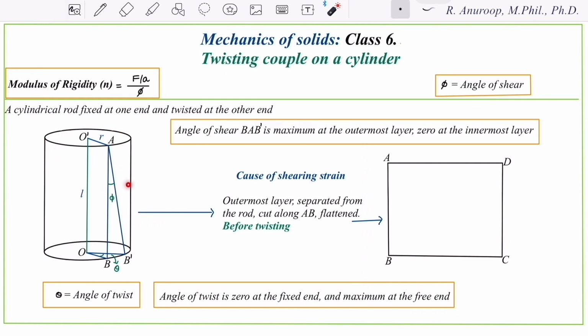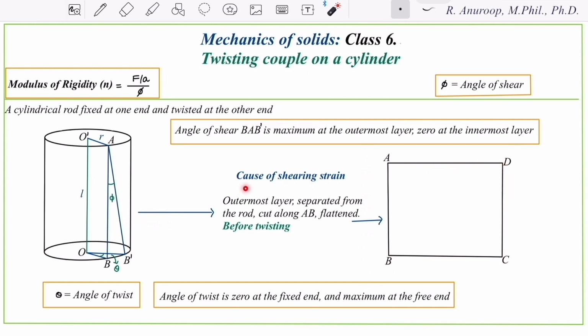Imagine that you have separated the outermost layer of the cylinder, cut it along AB, and flattened the layer.